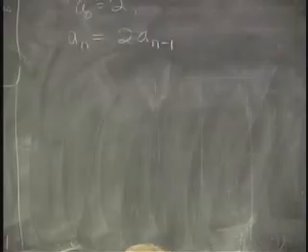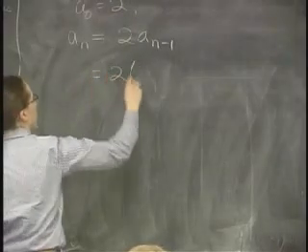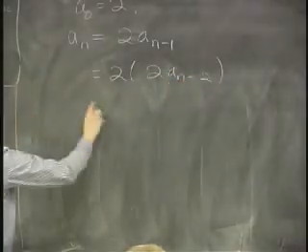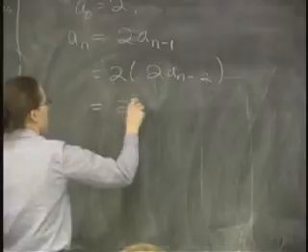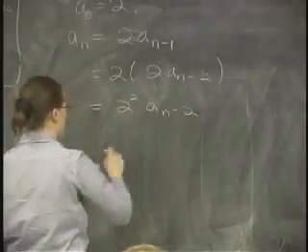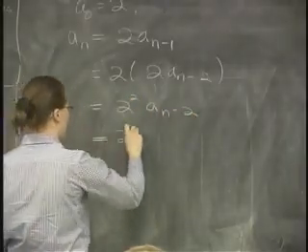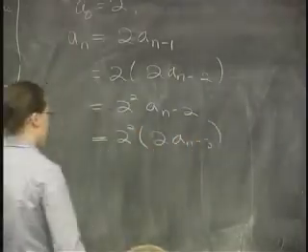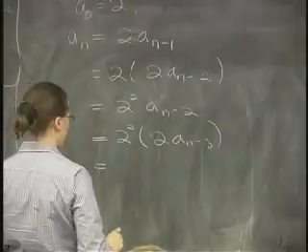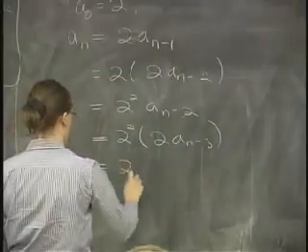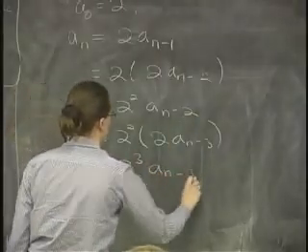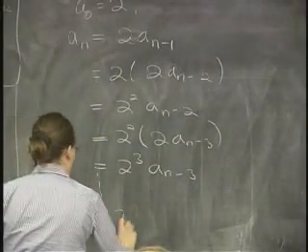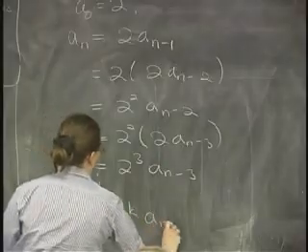We just repeat, and we get this is equal to 2 times 2a_{n-2}, which equals 2 squared a_{n-2}, which equals 2 squared times 2a_{n-3}, which equals 2 cubed a_{n-3}. Finally, if we continue, we're going to get something that looks like 2 to the k a_{n-k}.